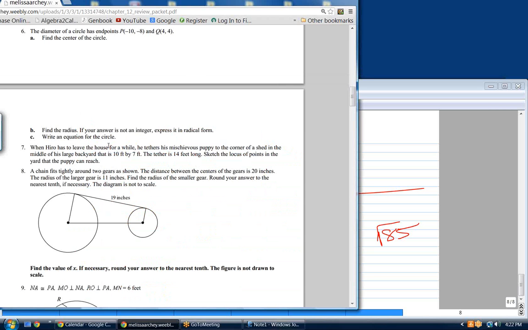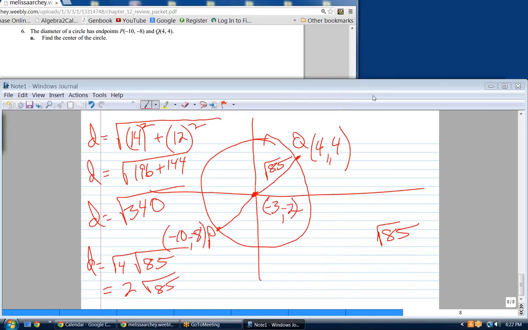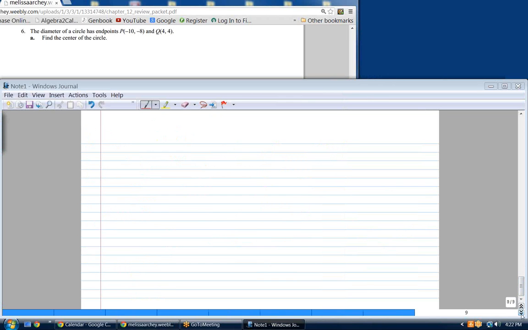And write the equation for this circle. What's the general equation of a circle? The general equation: (x minus h) squared plus (y minus k) squared equals the radius squared.